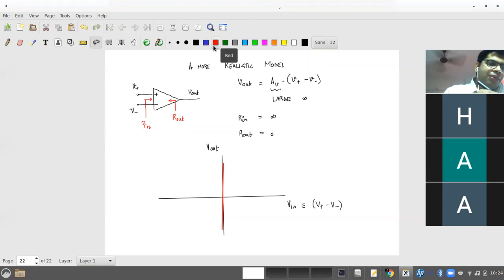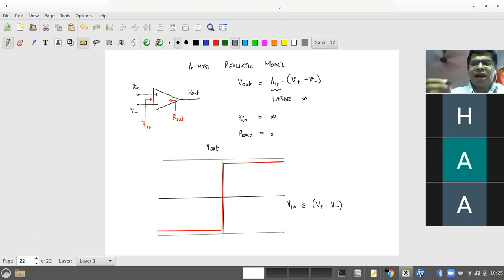So suppose many times you assume that it saturates at the power supply itself. It's all right. So it's actually going to saturate here and there. And so these voltages where it saturates are close to the power supply. So maybe your power supply is somewhere here, there, and maybe here.